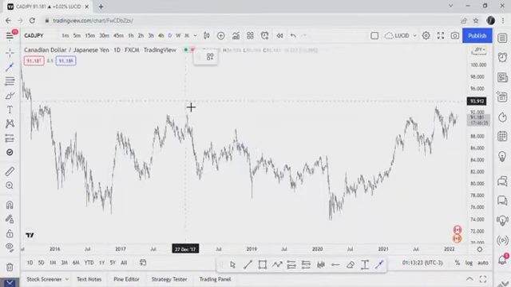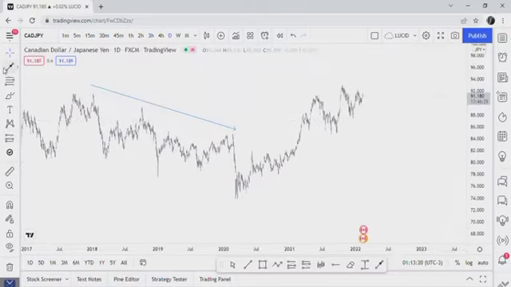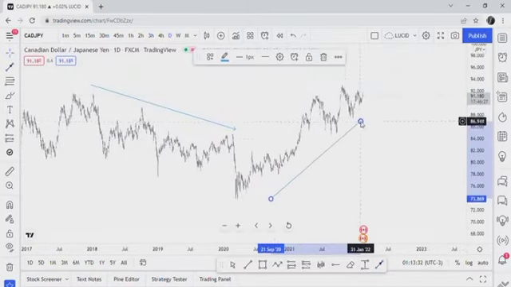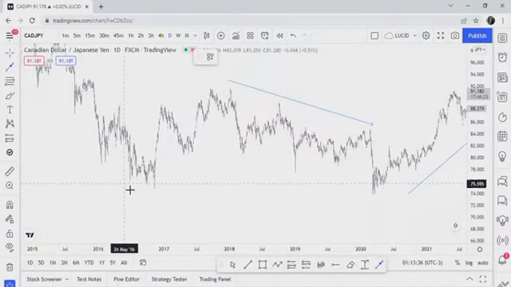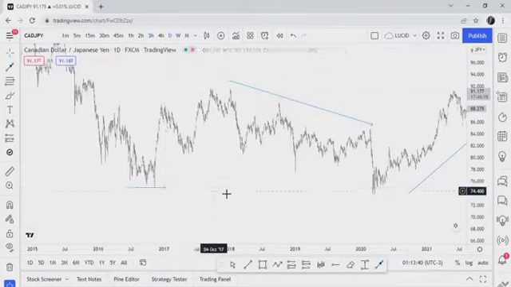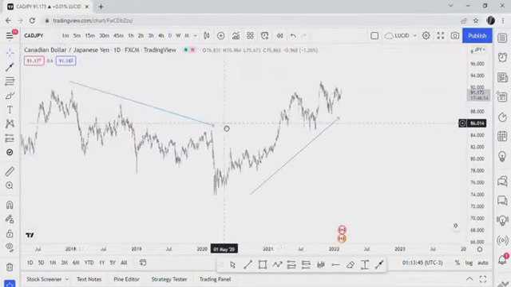So, yeah, we have three types of structure: uptrending structure, downtrending structure, and sideways structure. But I told you guys we're going to be looking at the uptrends and the downtrends for the purpose of this video.